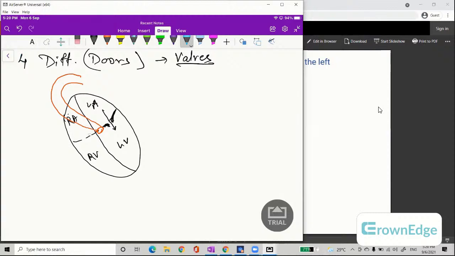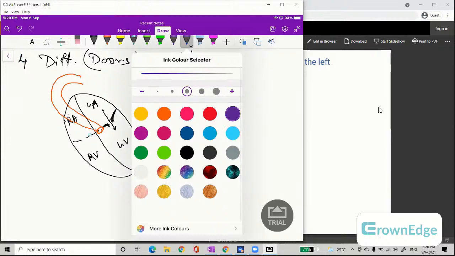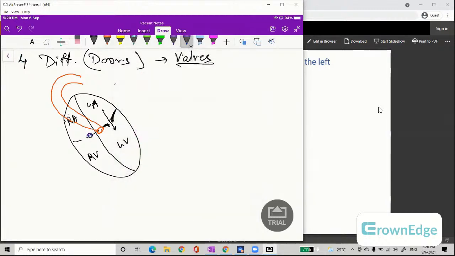And there will be another structure which will be going behind this, which will be splitting up into two. The blue structure is what and the red structure is what? Please comment down below.